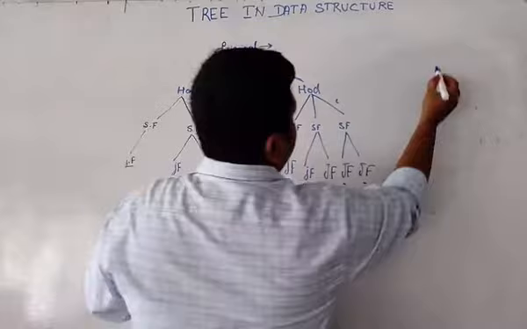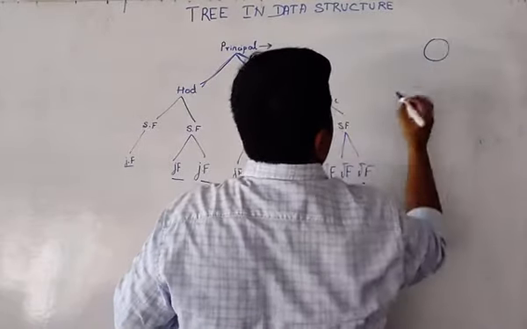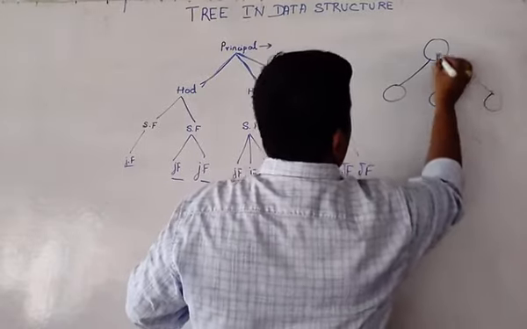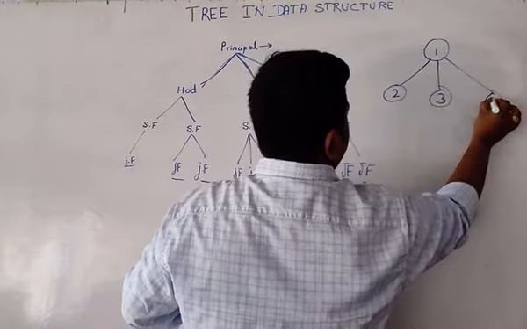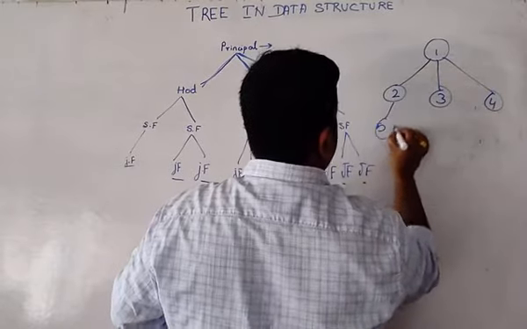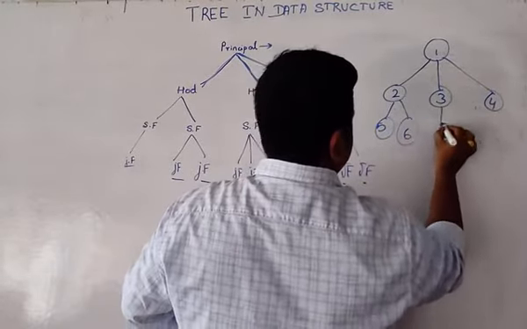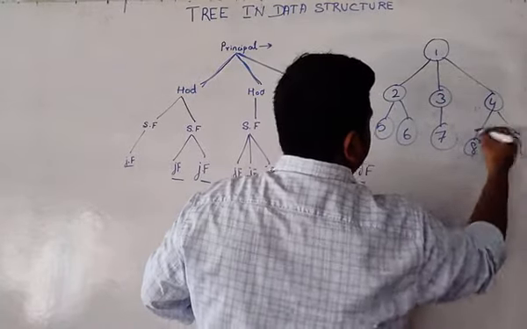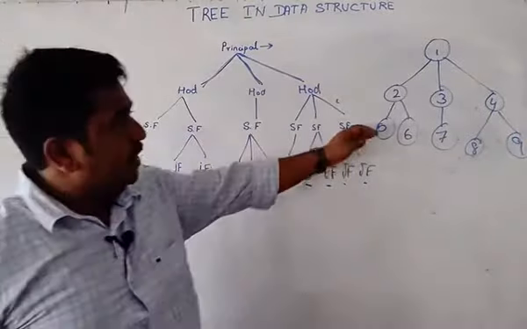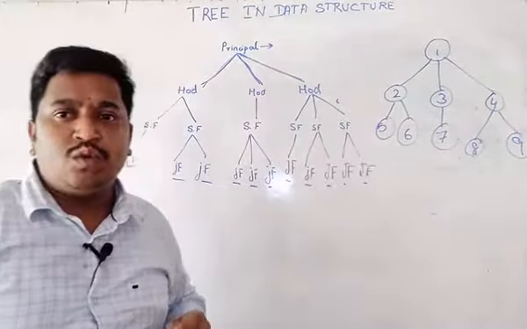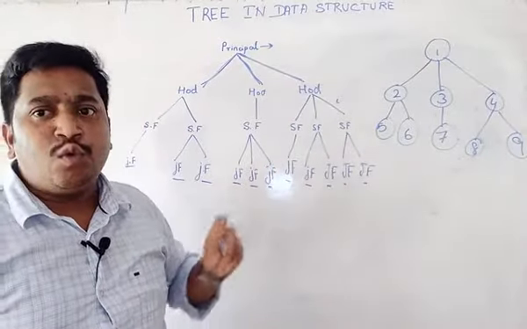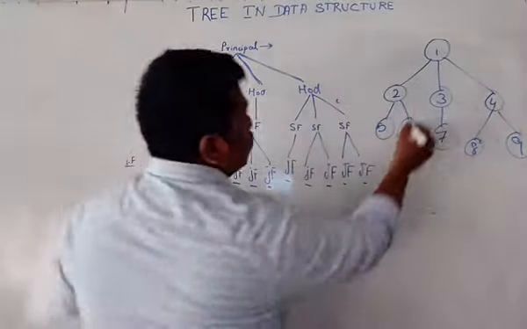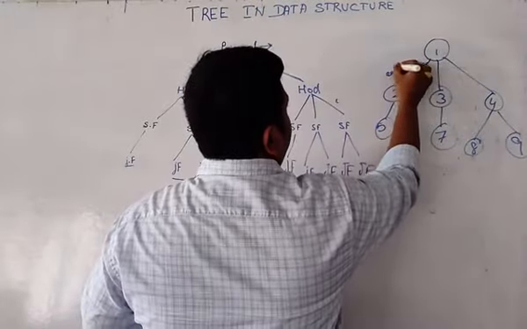See here, this is our tree. Each and every node contains some data which is connected through these links called edges.